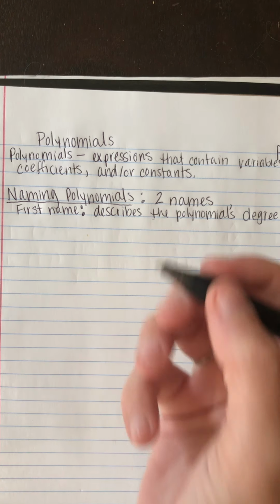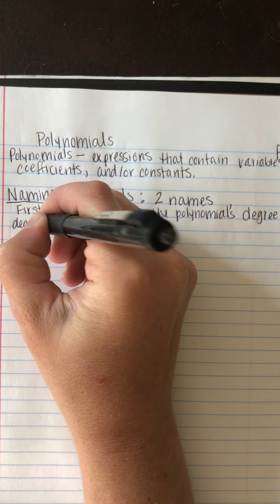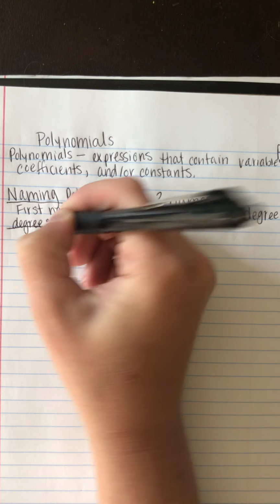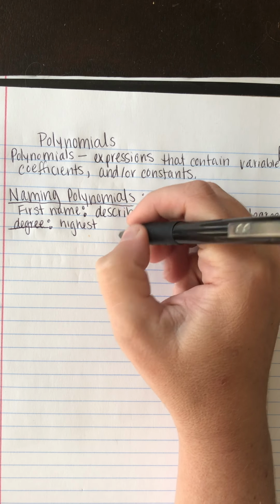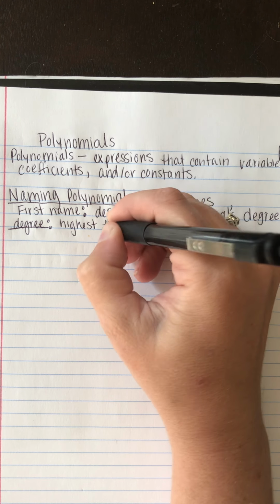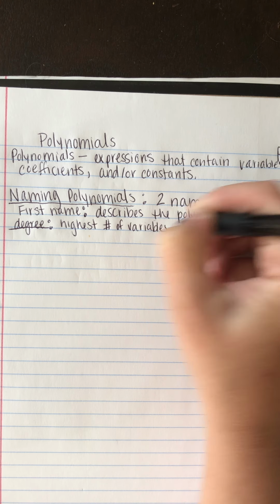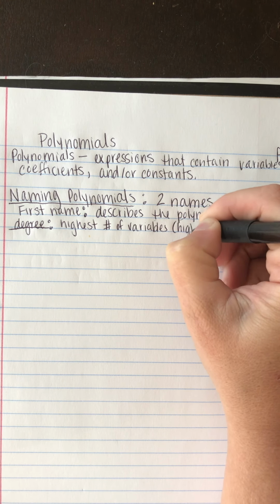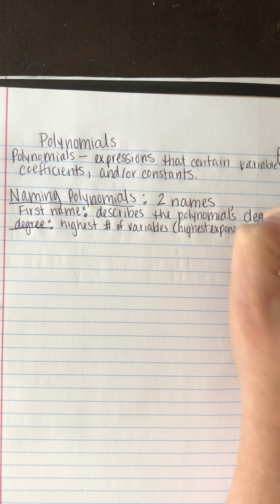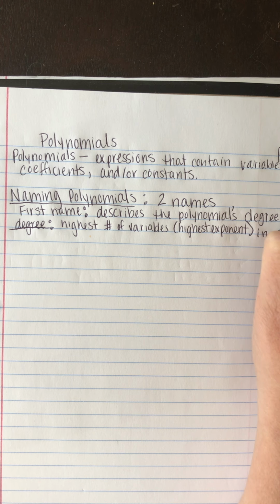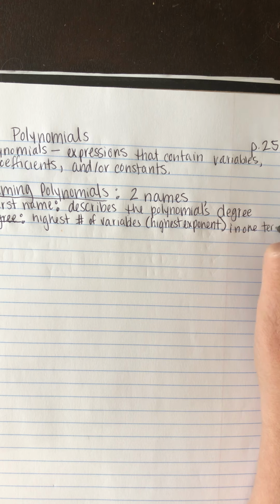All right, so a degree, we'll write that down. It's the highest number of variables or the highest exponent in one term.